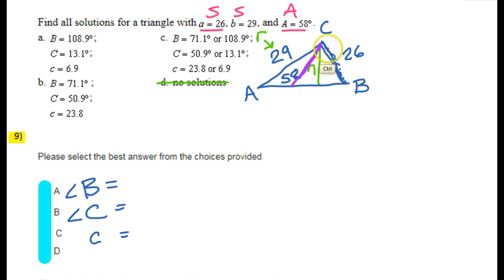Well, the rope is 26. So the question is, will 26 fit underneath 29? Yes, it will. It has to be small enough to fit between the height and the other side. So because this is less than 29, it will fit. So we will have two triangles, one outer triangle and one inner triangle.